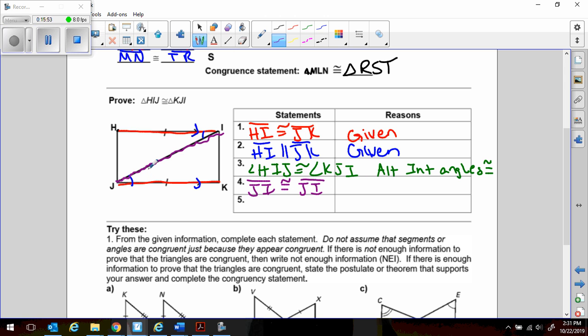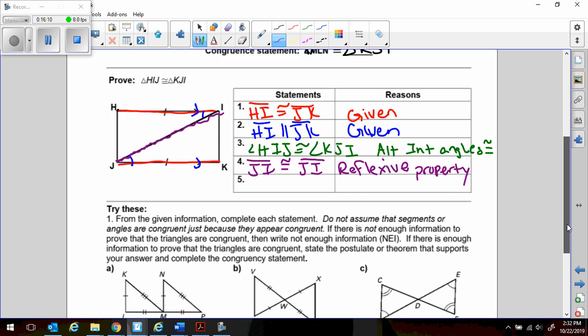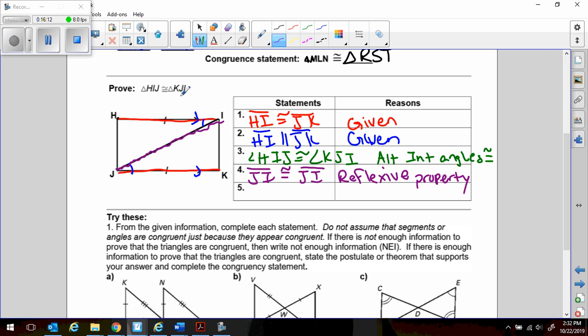Both triangles are sharing this side, JI. That means that they're congruent in both triangles. And I know this because of the reflexive property. Just like you're looking at yourself in the mirror, the reflexive property proves that these sides are going to be congruent in both triangles.